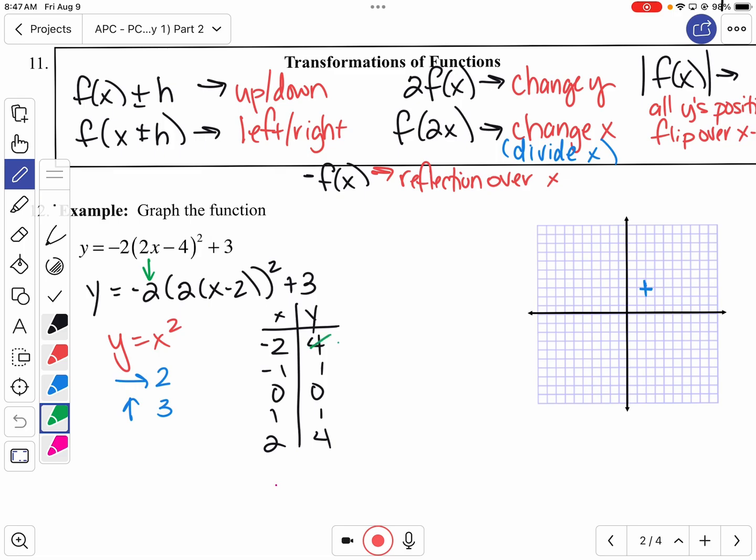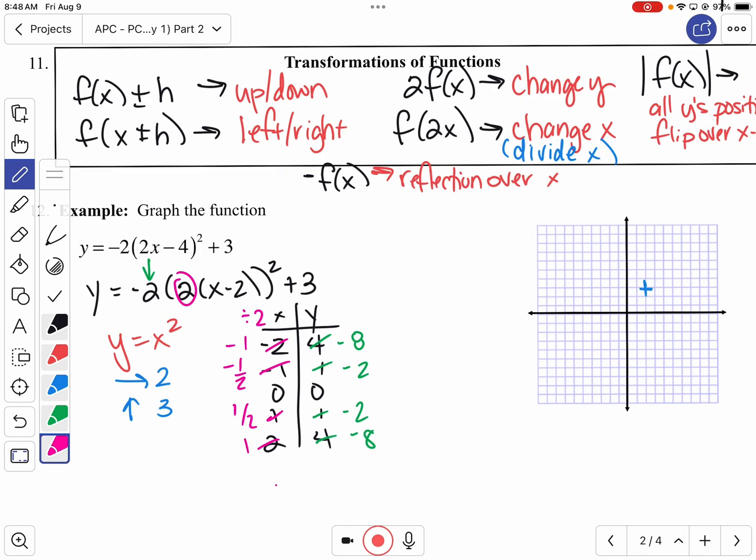So my y's are going to be -8, -2, -2, -8. My x's, we're going to change by the number that's inside. We're going to divide those by 2. So I'd get a -1, a -1/2, a 1/2, and a 1.